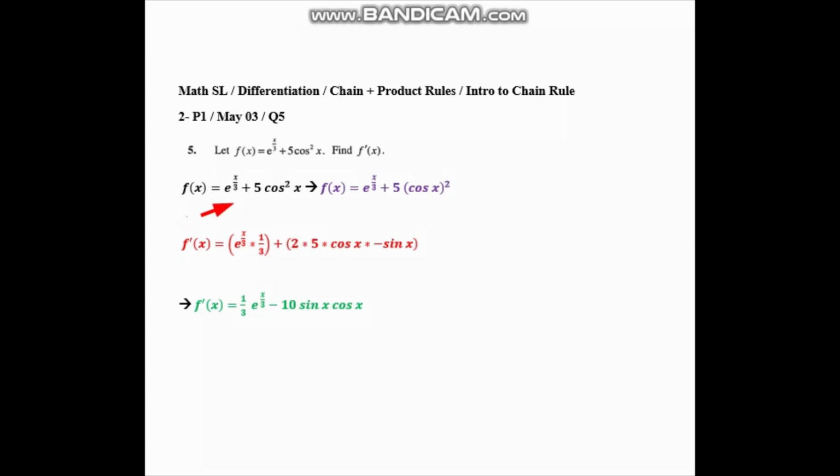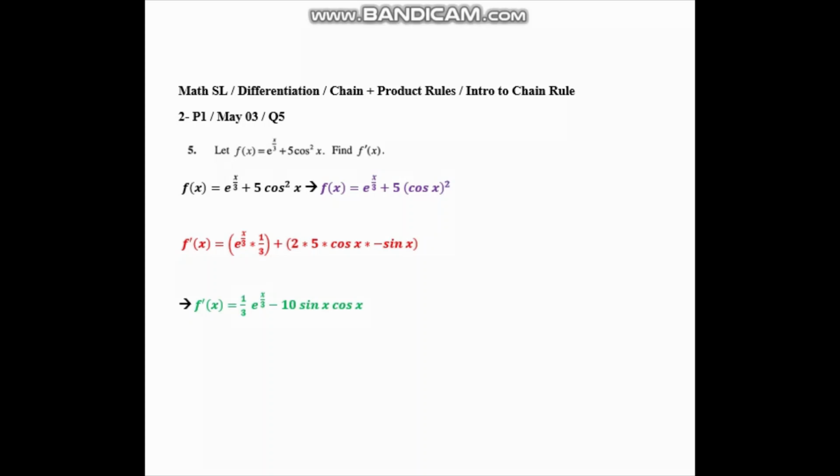Instead of cosine squared of x, because this might be confusing for some, I rewrote it as cosine x all squared. And these two expressions mean the same thing. Cosine squared of x and cosine x all squared. So the purple equation is not the derivative. It's just a rewriting of the question, which is in black.